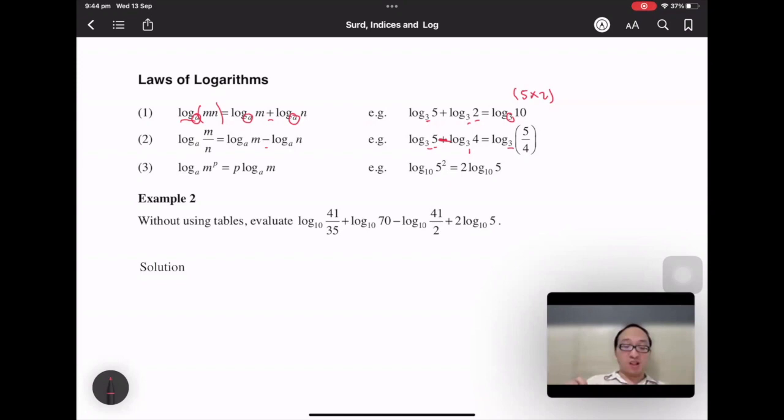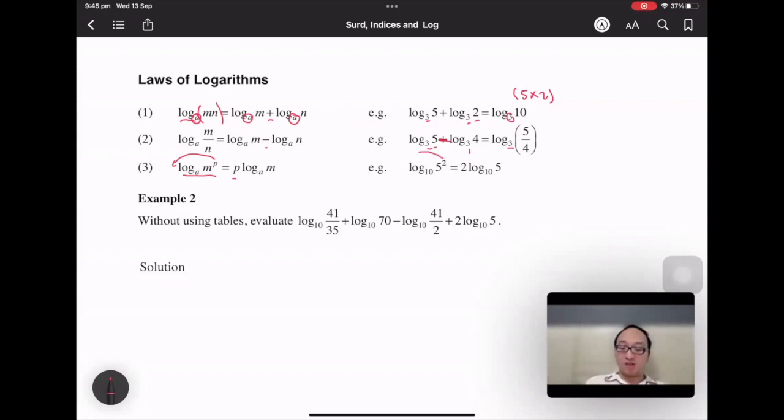And then the other law is the power. Log to the base a of m to the power of p. The power can move to the front, so it's p log a of m. For example, log 10 of 5 squared.